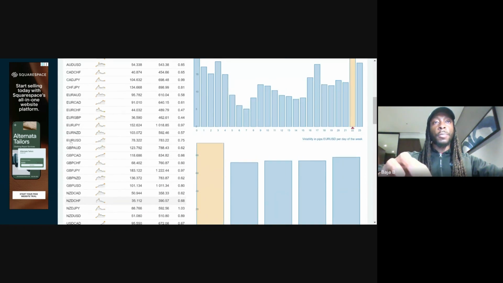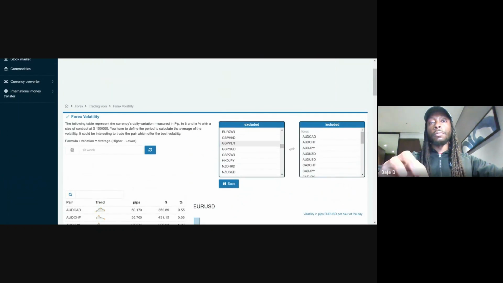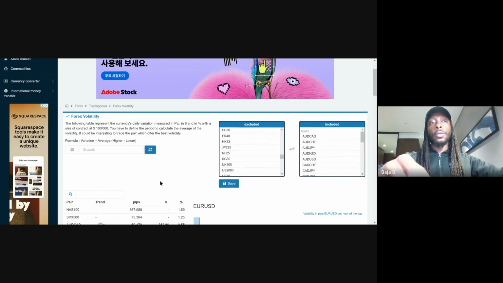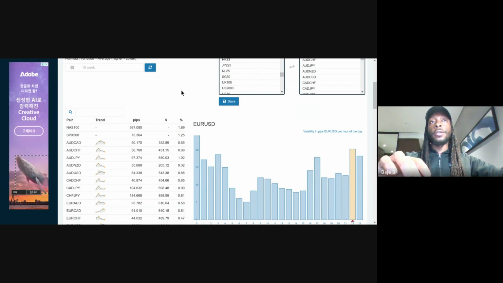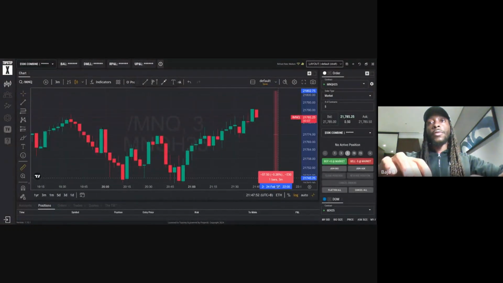So this is Forex pairs. I'm going to include the indices. So there's the SPX 500 and the NASDAQ 100. So the NASDAQ is about 367 pips or 1.69%. So I'm going to transfer that over to my Top Step. So 1.67, I believe I said.